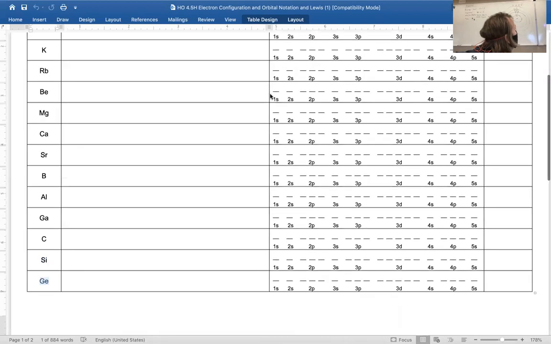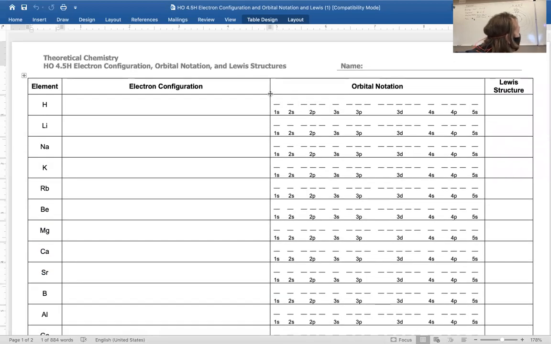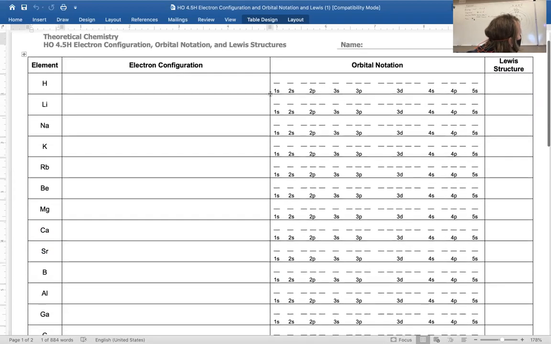We'll start on the front side, the side that has hydrogen at the beginning. If we want to know where the electrons are located, the first thing we need to know is how many electrons are in there. How do you find the number of protons? Let's start there.